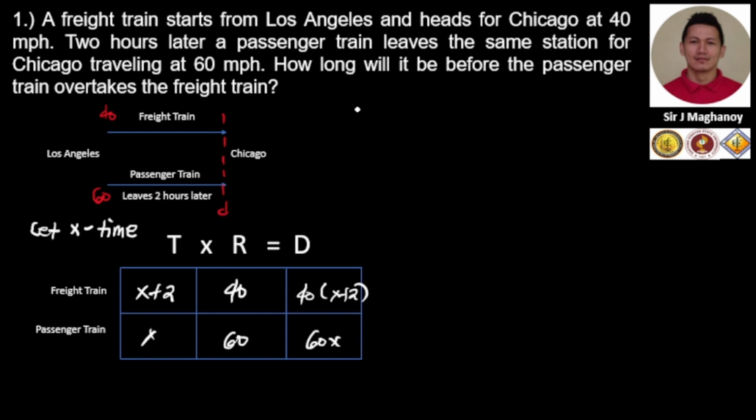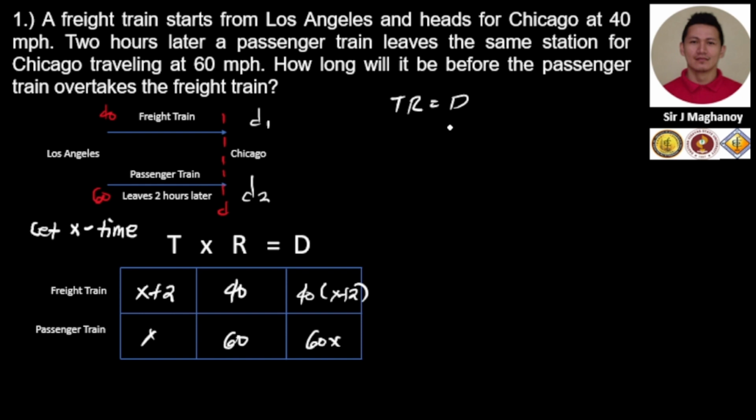Okay, so first we need to understand our formula before doing that. Time times rate is equal to distance, d. For example, if this is our d1 and this is our d2, and the distance is equal, therefore d1 and d2 are equal, right?